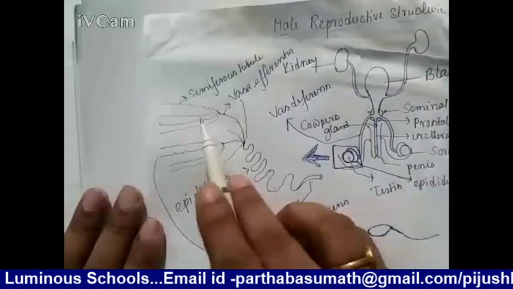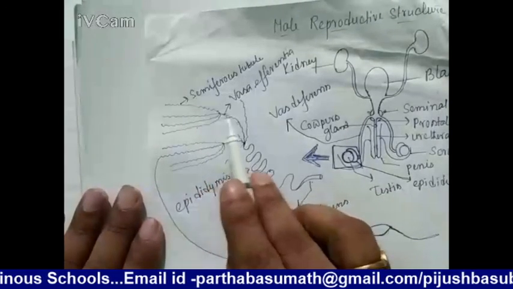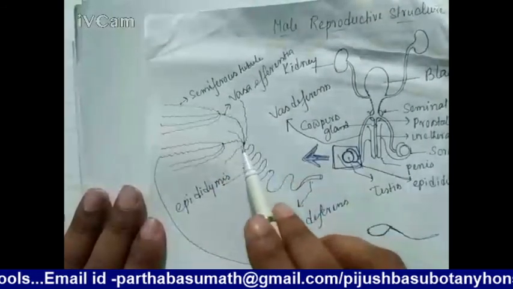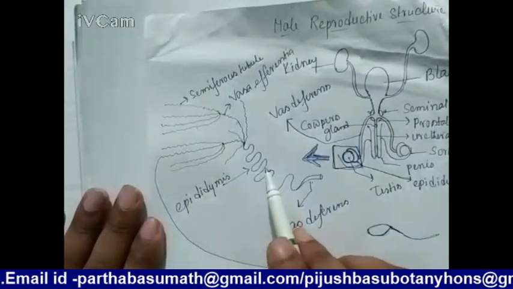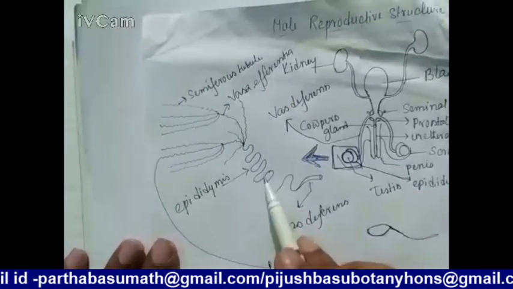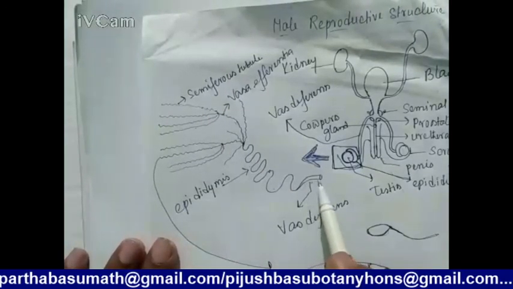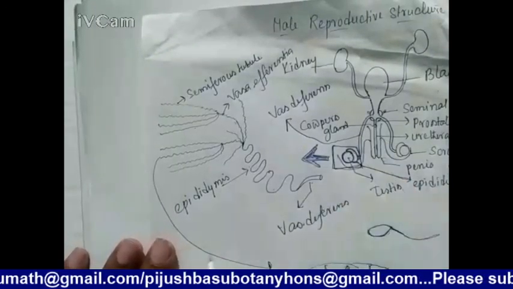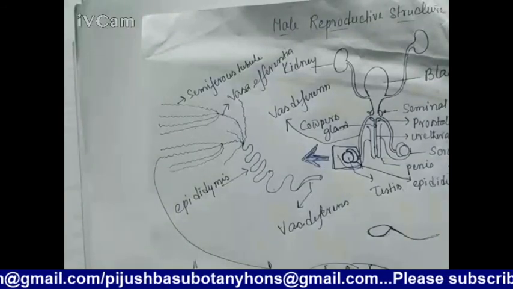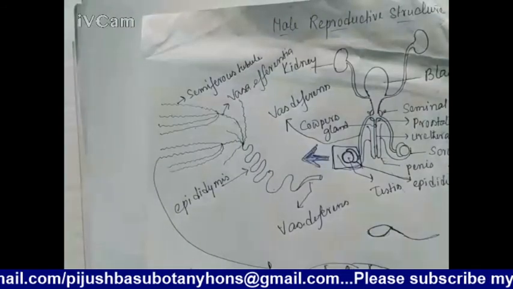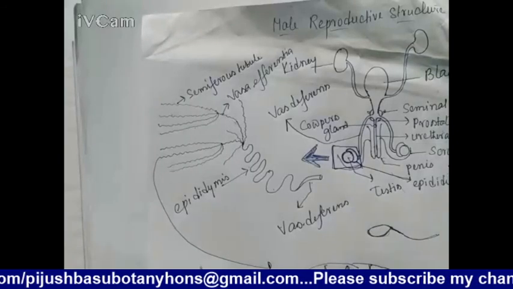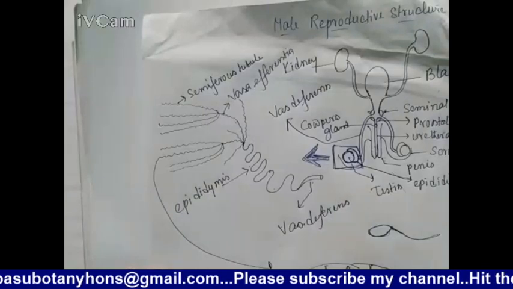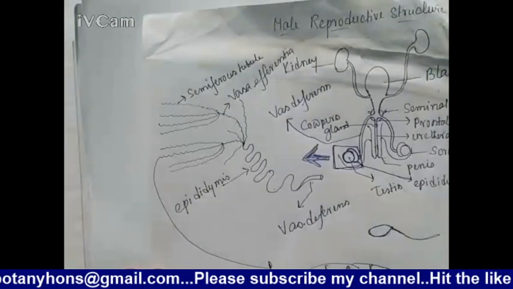It connects with the vasa efferentia, then the epididymis, and then it passes through the vas deferens and finally through the penile urethra, and penetrates into the genital tract, that is the vagina, and finally reaches the uterus in the female reproductive part.